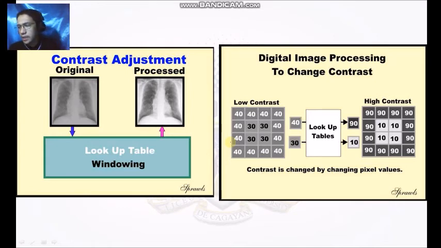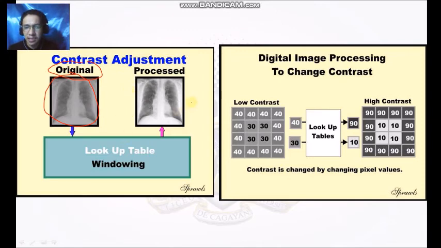So how is it that the automatic rescaling system is able to adjust? The automatic scaling system actually depends on the lookup table. Like for example, on this portion, this is the original image. The original image is too dark for it to be read by the radiologist, and it is not diagnostically acceptable.